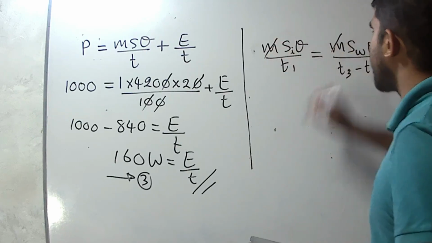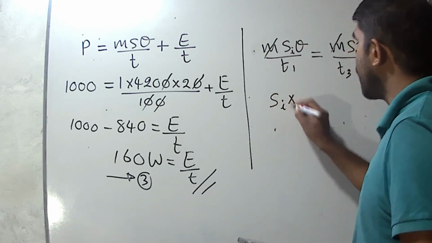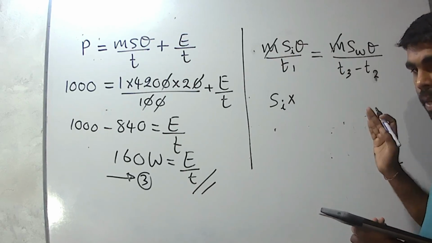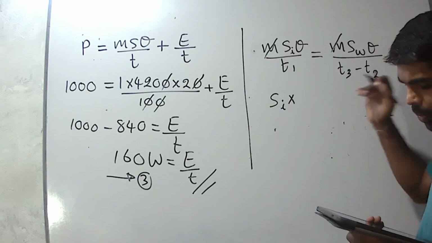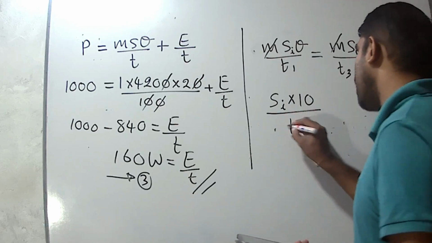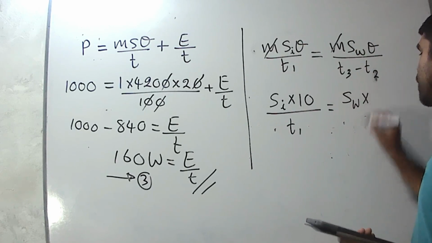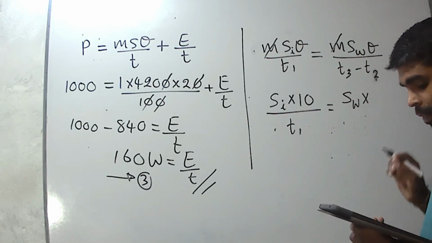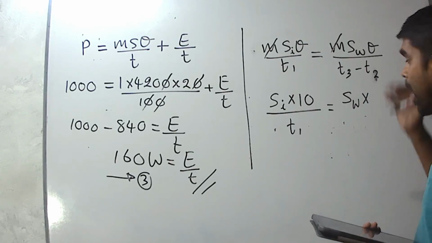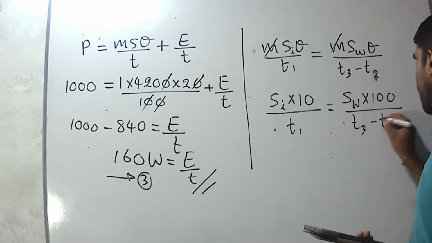There is the same mass, so we can cancel out m, but theta is different. S I into, you can observe in the 0 to T1 time period, the temperature is changing from minus 10 to 0. It means a temperature difference of 10 divided by T1 should be equal to S W into, for the water, T2 to T3 time period, the temperature increasing 0 to 100, temperature difference 100, divided by T3 minus T2.